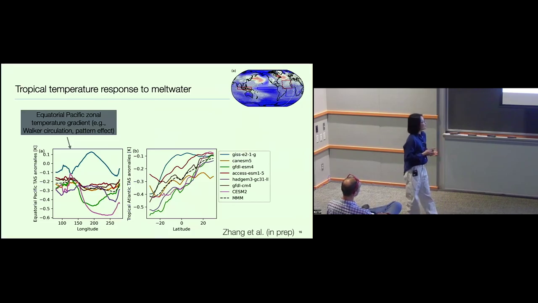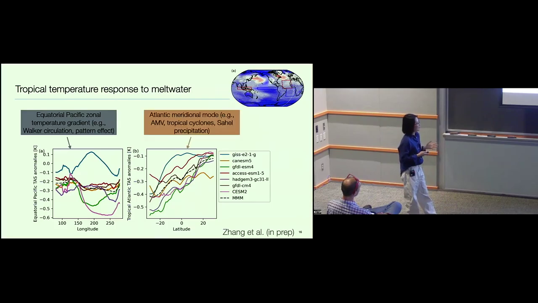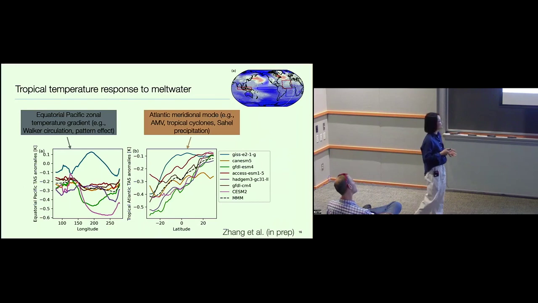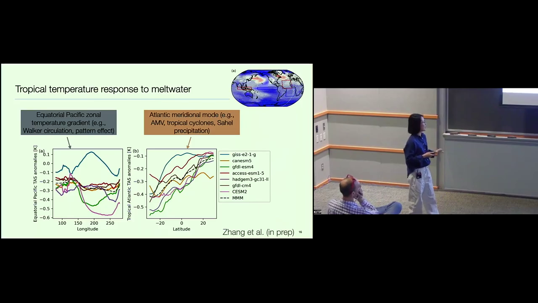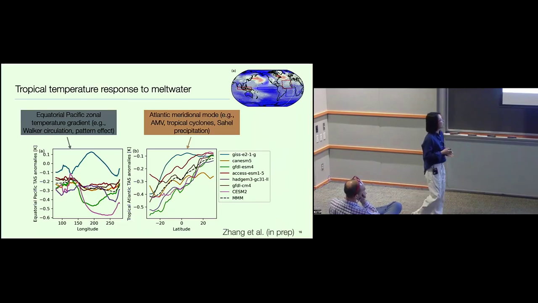And then on the right is another index focusing on the Atlantic. I mentioned earlier that the meridional gradient of the Atlantic is really important. It's correlated with the AMV as well as tropical cyclone variability and Sahel precipitation. All models here show a positive meridional temperature gradient in the temperature anomalies, but again, the magnitude has a very large spread.